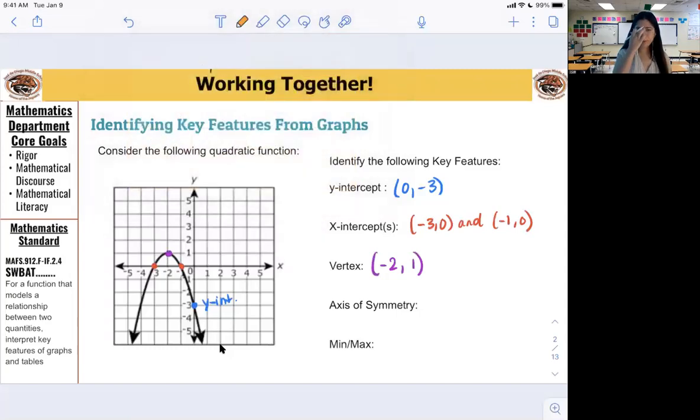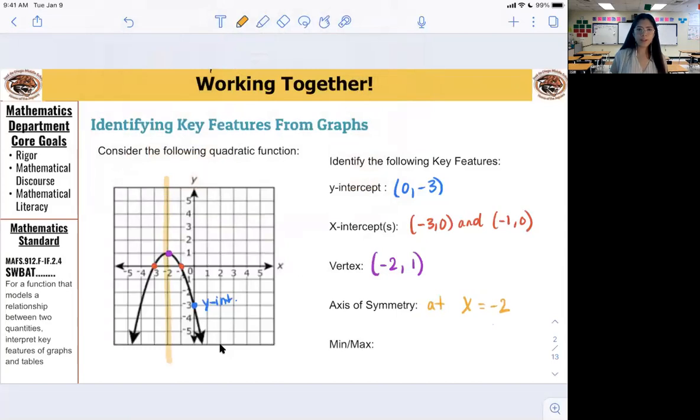Axis of symmetry, where is that? -2. -2, good. Right down the middle. And just remember, this is x equals -2 because it's going through the -2 on the x-axis. So the axis of symmetry is at x equals -2.